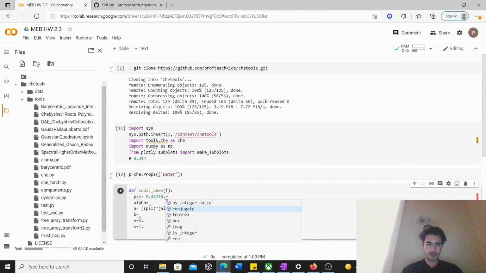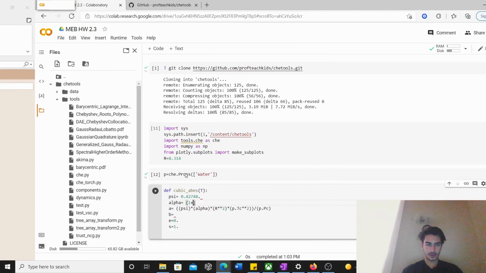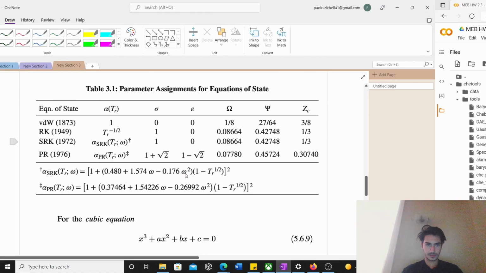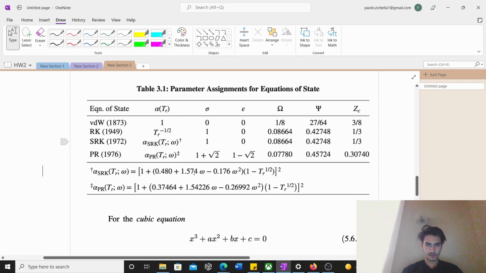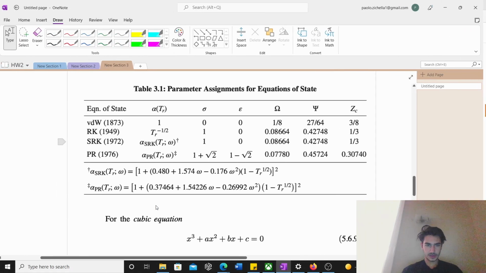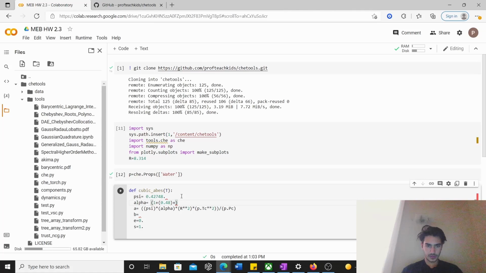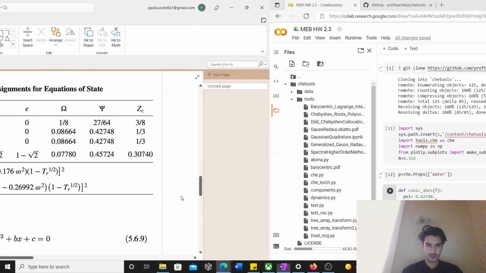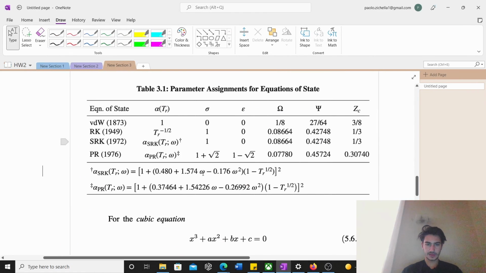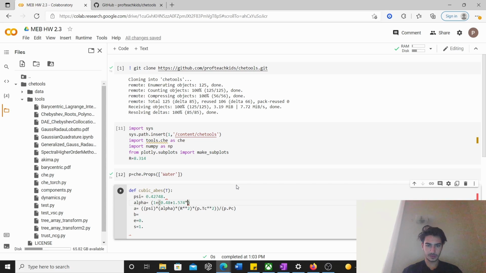For alpha, we have 1 plus 0.48 plus 1.574, and this is multiplied by W, which we can also get from our properties, so we multiply that by P dot W.